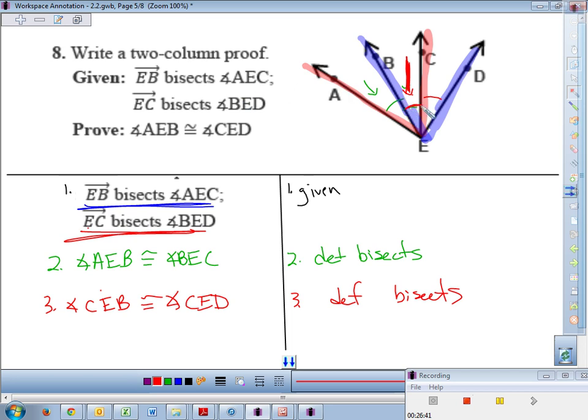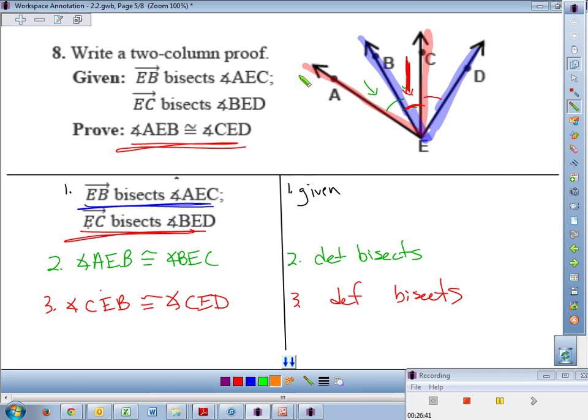When we have dirty information, we should always write it, then go mark them one at a time, trying to prove this. Let me get this guy right here, orange. Trying to prove angle AEB, this dude right in here, the same as angle CED. Are they marked the same in my picture? That means something should cross out. Now, I know yours is written different than mine, but I did this on purpose to show you the old optical illusion that happens to many kids.